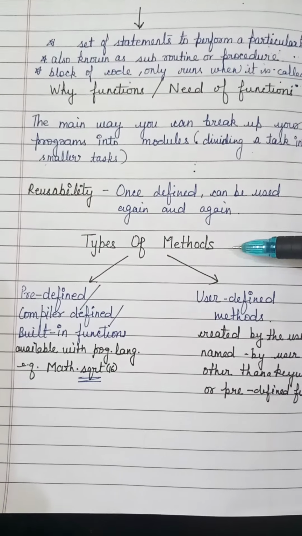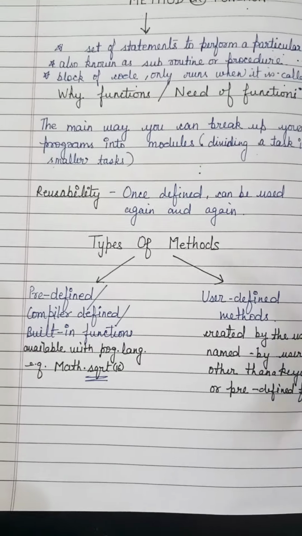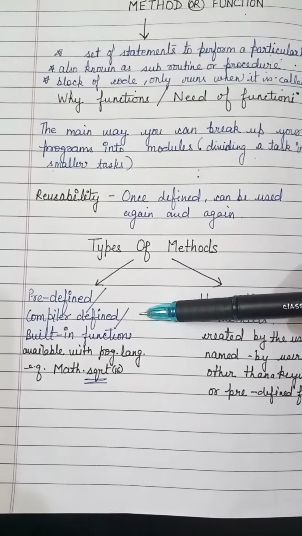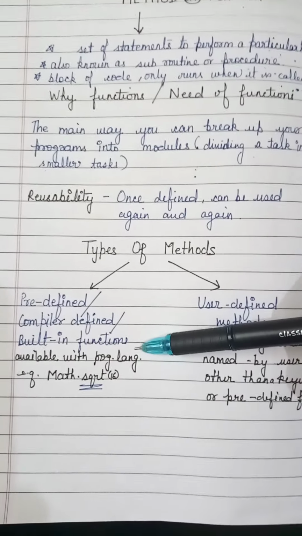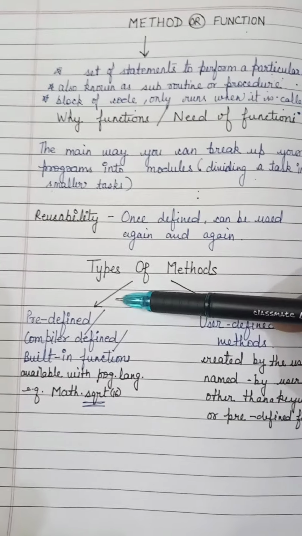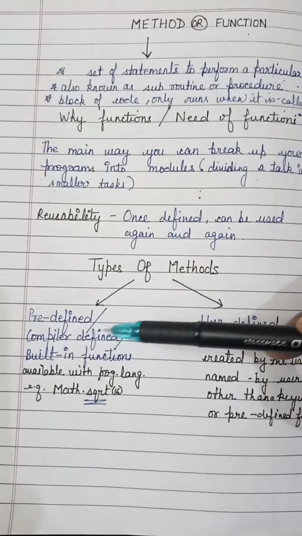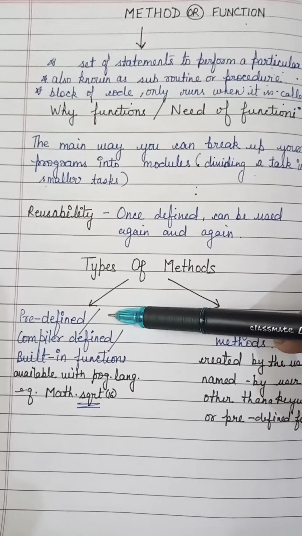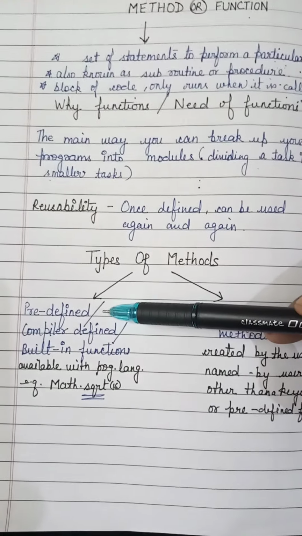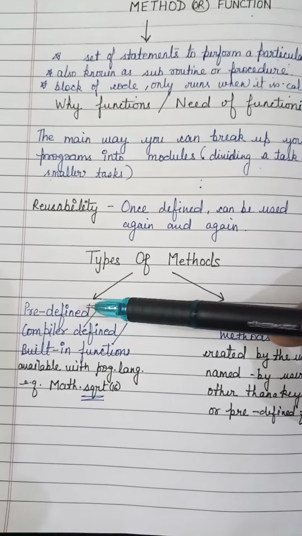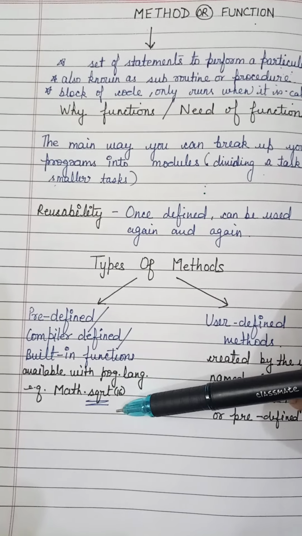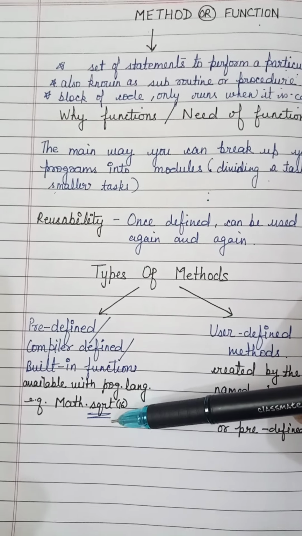Now, types of methods. There are two types of methods. One is predefined, or you can say compiler defined, or built-in functions. As the name suggests, these functions are predefined by the developer or programmer. You must have used Math.sqrt, Math.pow.